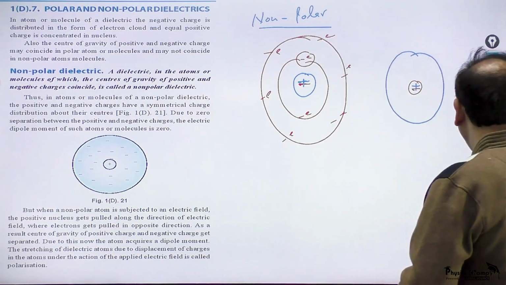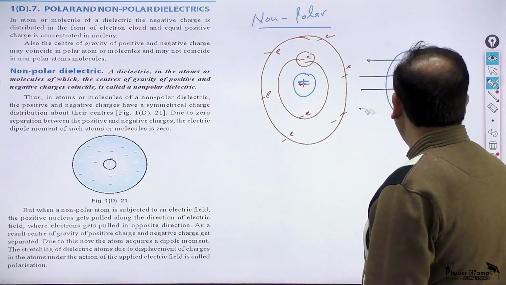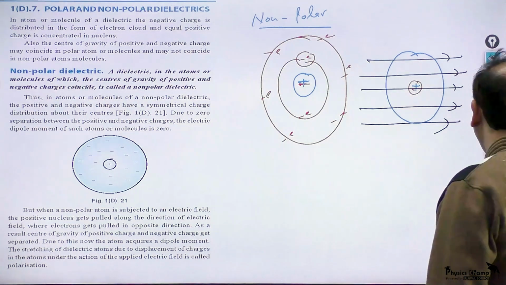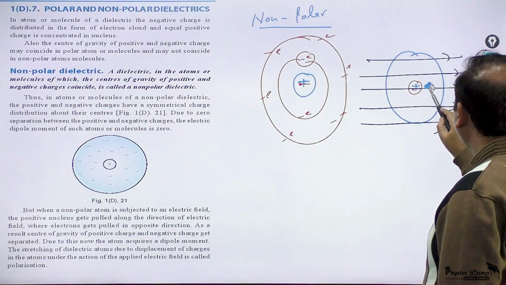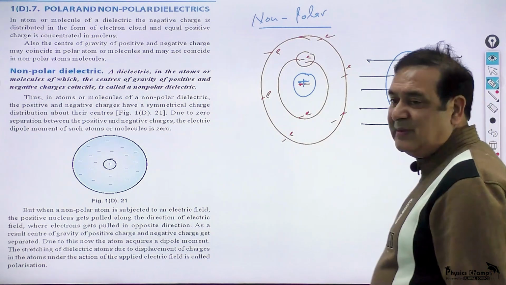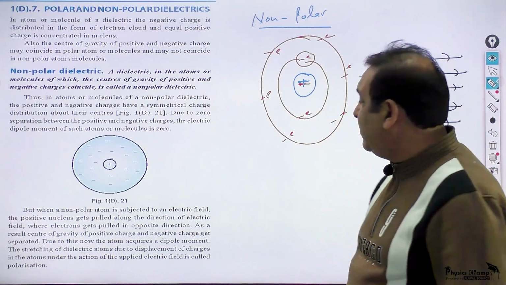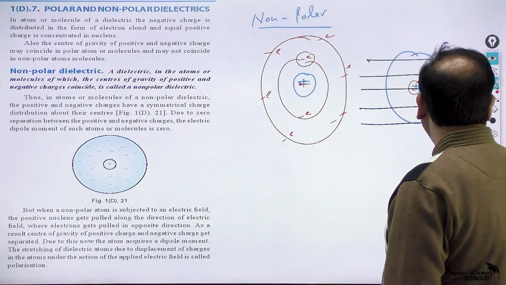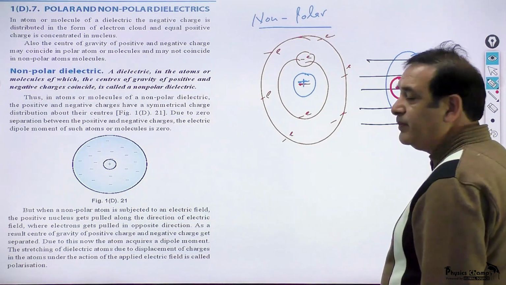But what happens when an external electric field is applied? Under the influence of the external electric field, the center of mass of the positive charge shifts slightly in the direction of the electric field, and the center of mass of the negative charge shifts slightly opposite to the electric field.